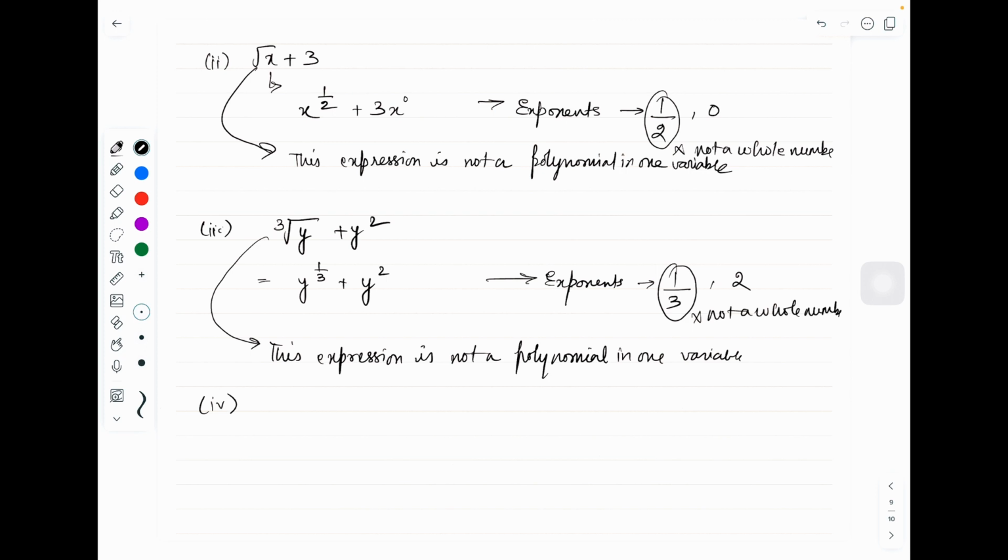Another expression I am writing: 4x square plus 2y plus z. Is this a polynomial in one variable?